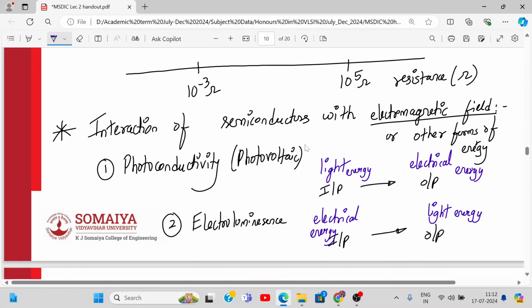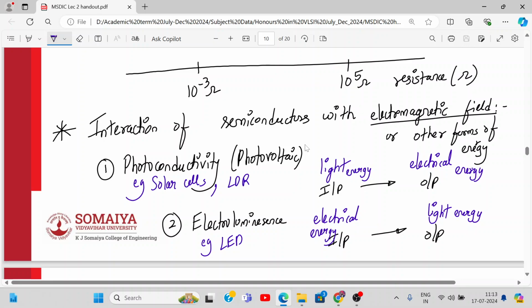Can you give an example of such a semiconductor device? Yes, LED. And photoconductivity? Yes, solar cells, correct. And a light dependent resistor, yes, definitely, LDR.